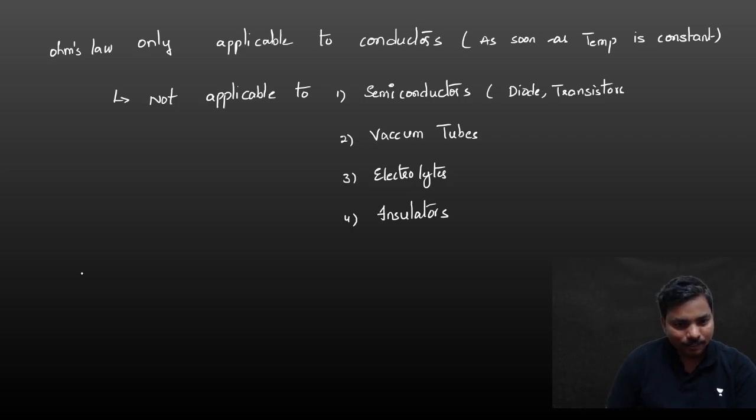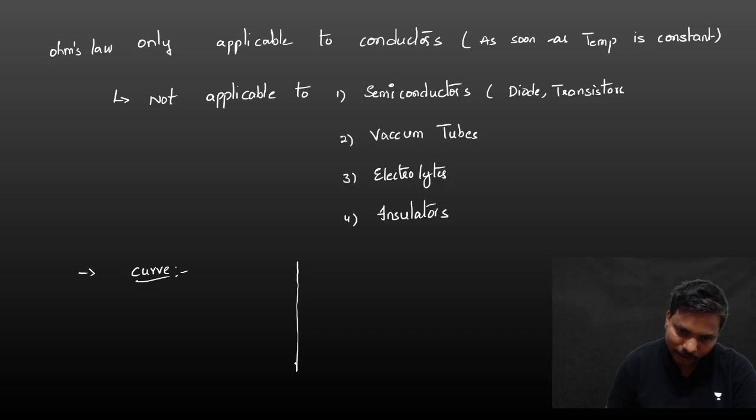Coming to the curve belonging to Ohm's law, there is one important question on this. If you draw the curve between voltage and current, here voltage, here current, as you increase the voltage, current also increases, so you will get a curve like this.